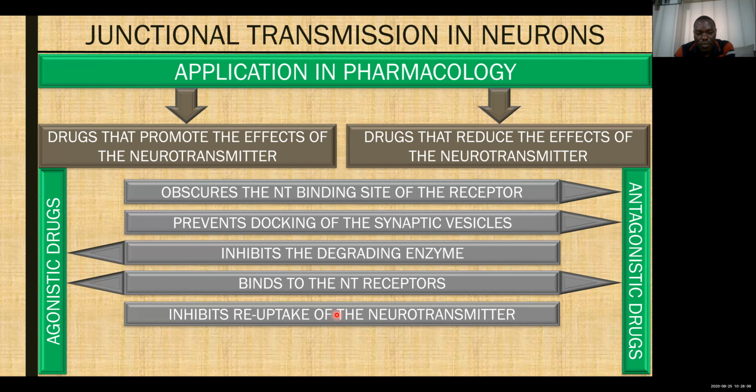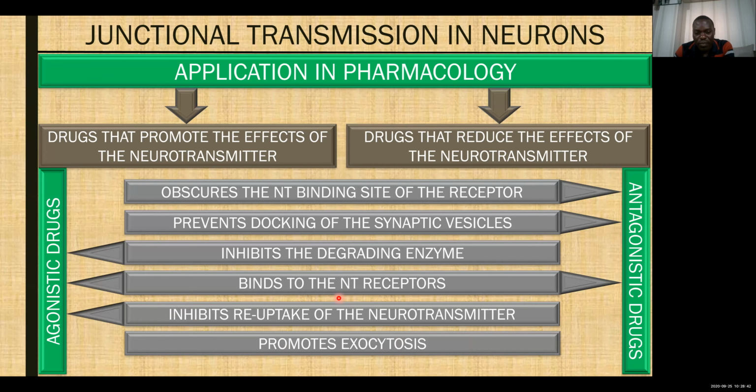So therefore, a drug that inhibits reuptake will be agonistic. One of the best types of antidepressants are actually doing this one. They inhibit reuptake of serotonin. So you have more serotonin stimulating you to make you happier. They are antidepressants. Serotonin is the one that makes you jumpy.